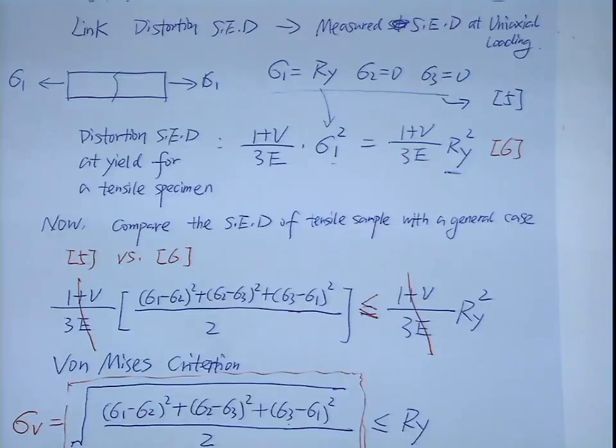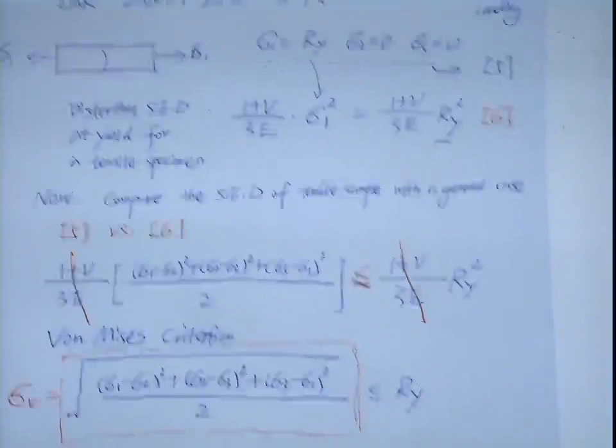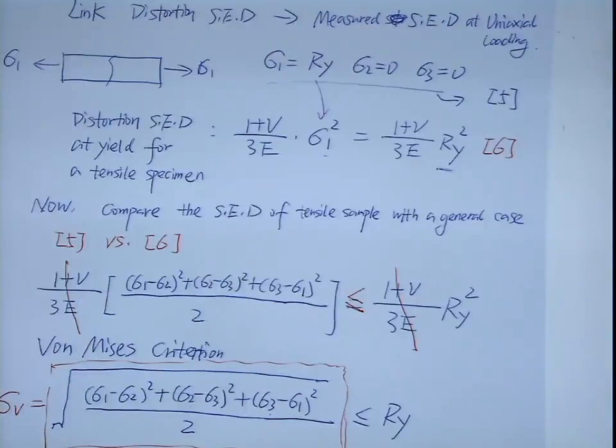Yeah, good. So when you look at the result, they're always showing you this Von Mises stress. That's the reason why, because that gives you the scalar, only a one value, which you can compare with your measured yield strength. So that's pretty much the answer.